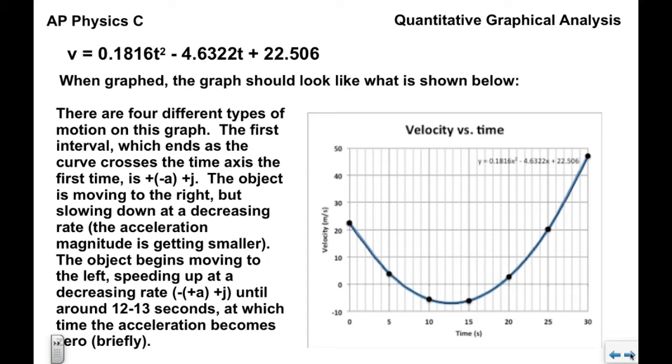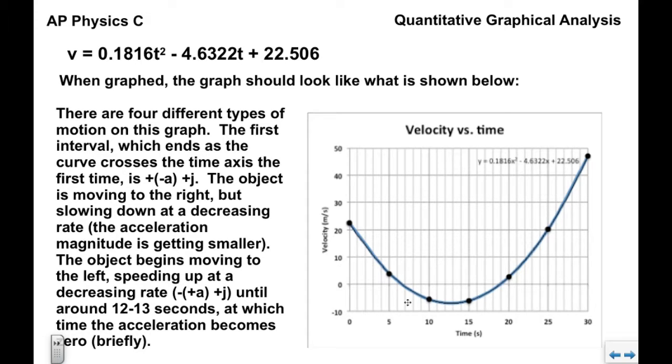So what we have is 4 different types of motion in this graph. The first interval, which ends as the curve crosses the time axis the first time, is plus minus a with positive jerk. It's moving to the right and slowing down at a decreasing rate because the magnitude of the acceleration is getting smaller. At this point in time, it stops briefly, and then it begins to speed up, moving to the left at a decreasing rate until about 12 or 13 seconds.